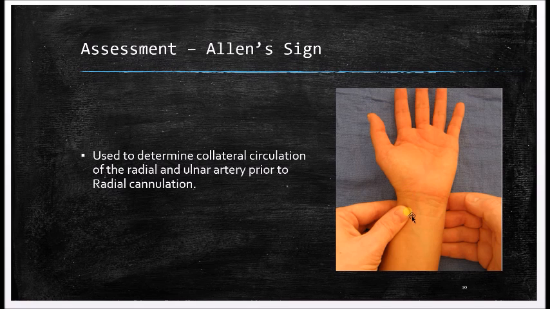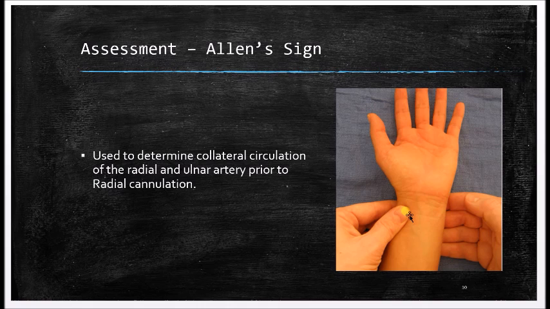You cover the radial and have the patient close their hand again and open it up, and you should see the hand return to pink because the ulnar is unobstructed and it should be supplying the hand with blood. Next, you do the opposite, right? You obstruct the ulnar and leave the radial open and do the same thing.